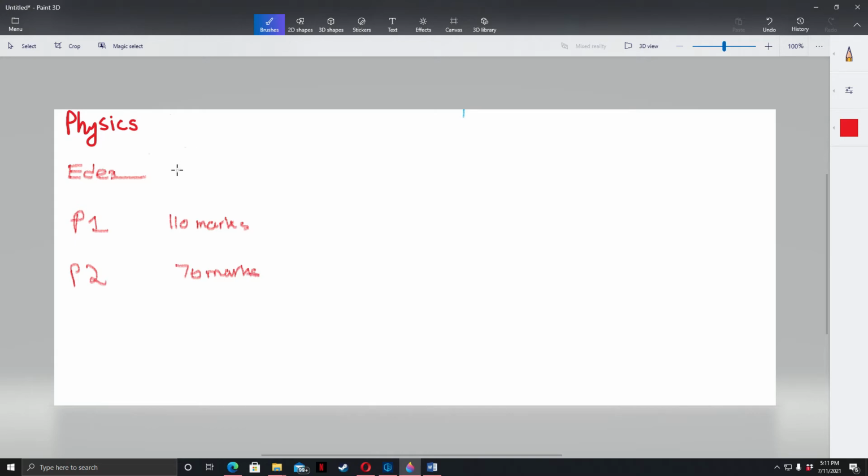The reference code I found for Edexcel International is P4PHO/1P. 1 means paper 1 and 2 means paper 2, but I will ask you to confirm this from your school. The time allotted to solve paper 1 is 2 hours, and for paper 2 it's 1 hour and 15 minutes.